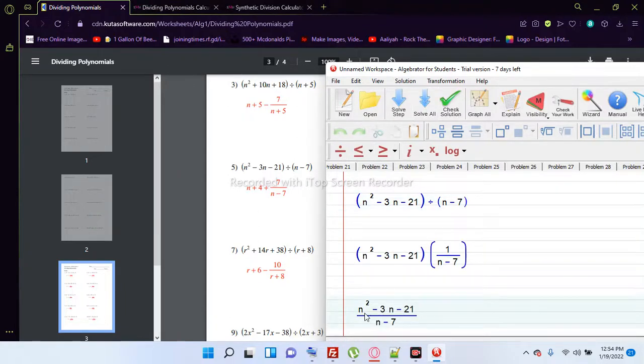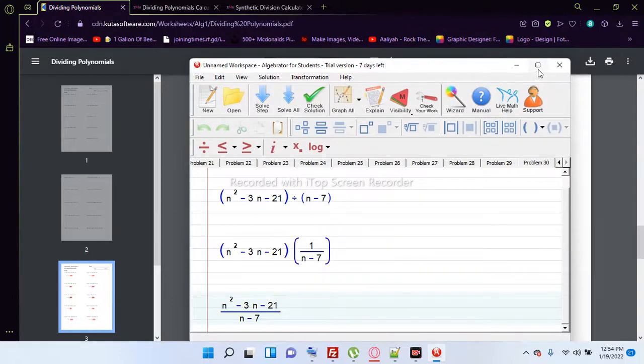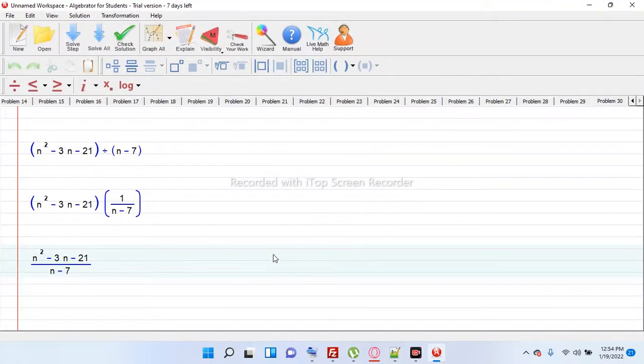And we have n squared minus 3n minus 21, n minus 7. That's weird. This is n plus 4 plus 7 over n minus 7. Huh? That's weird.